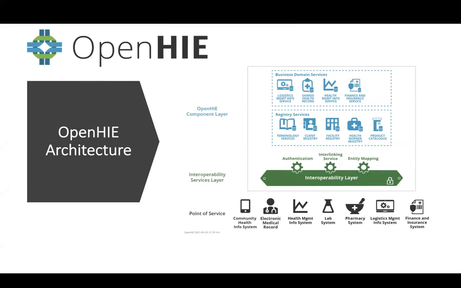In the component layer, the health worker registry, and then at the point of service. Ideally, IRIS can be both a health worker registry in the component layer, and also a point of service system, acting as your health information system for your health workers.